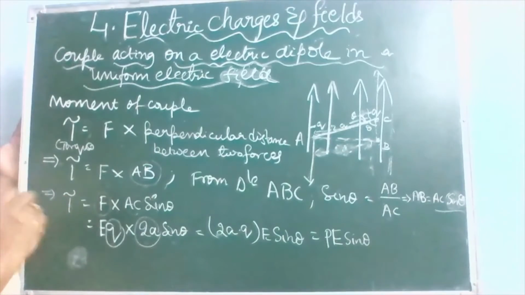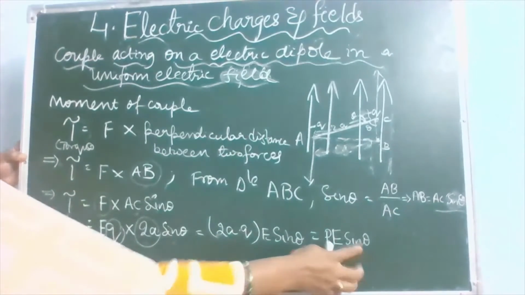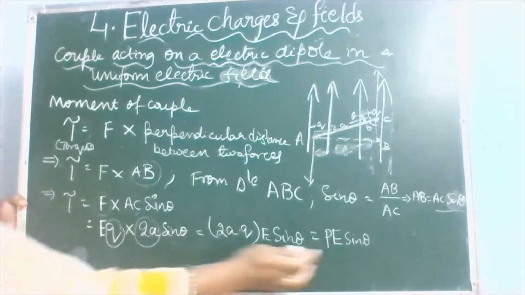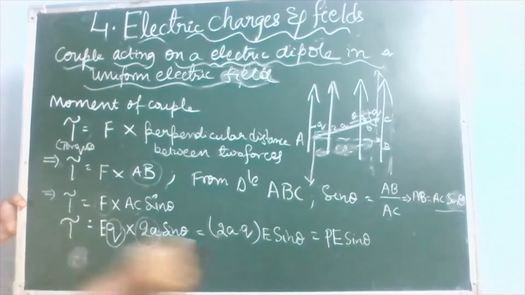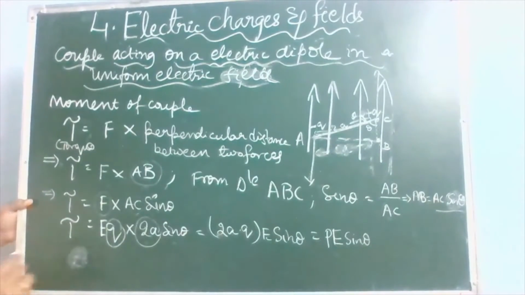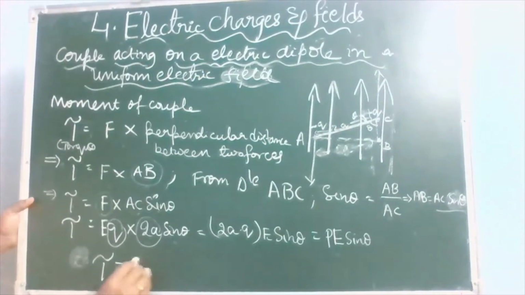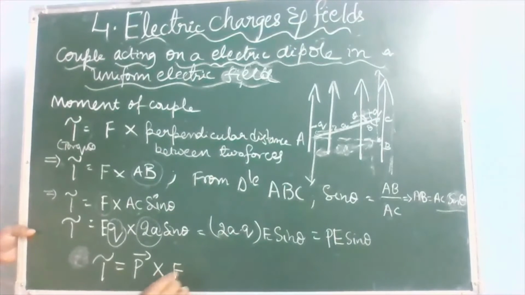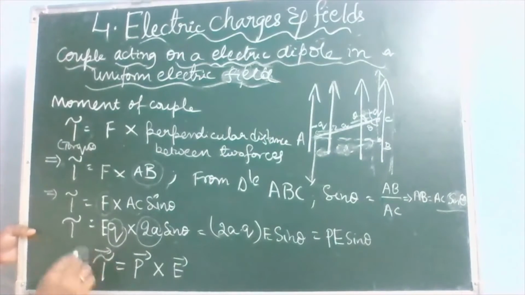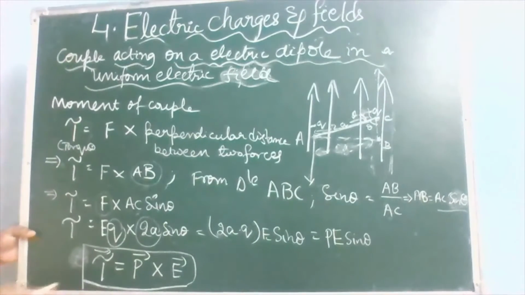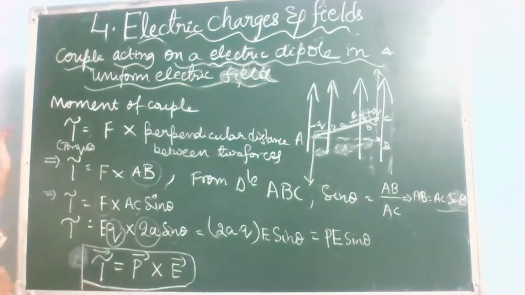So PE sin theta. Torque equals PE sin theta. If we write it in vector form, torque is equal to P cross E. This is the formula for the couple acting on an electric dipole in a uniform electric field. Okay, note it down.